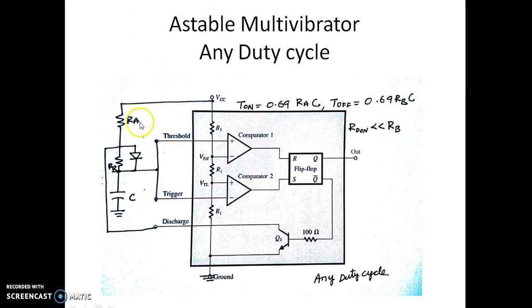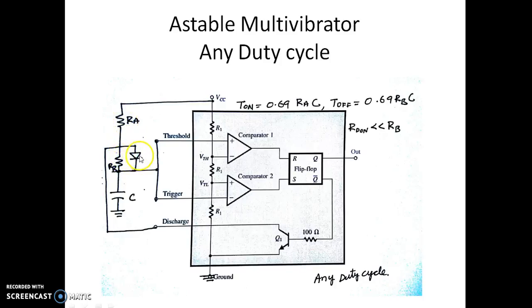Let us have a look at this circuit here. The modification from the first to the second circuit is that you can see there is a diode across the resistor RB. It is necessary to observe that the charging path for this capacitor is now changed, because now the capacitor can charge through RA and RB, and it can charge through RA and this diode.